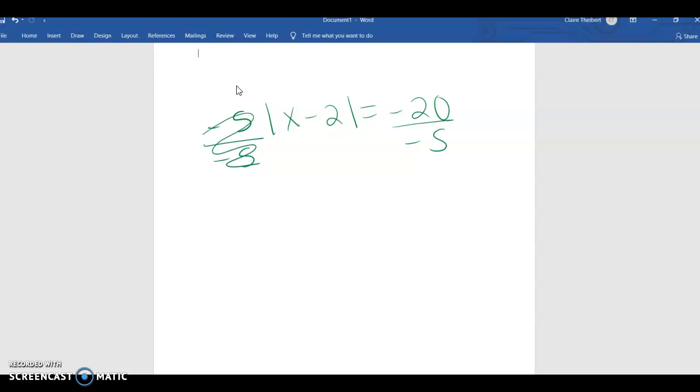We say x minus 2 equals a negative 20 divided by negative 5. Negative divided by negative becomes a positive. So 20 divided by 5 is going to be 4. So again, we can split it up in 2. We can say x minus 2 equals 4, and x minus 2 equals a negative 4.